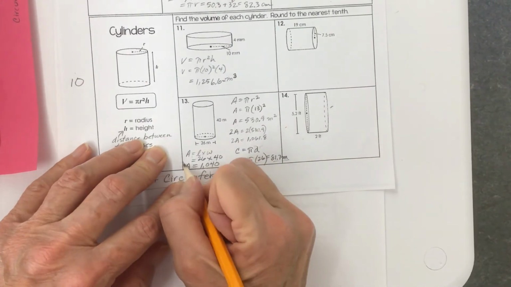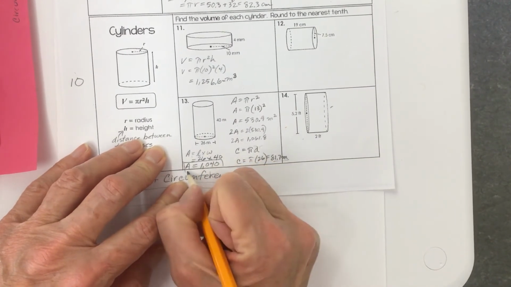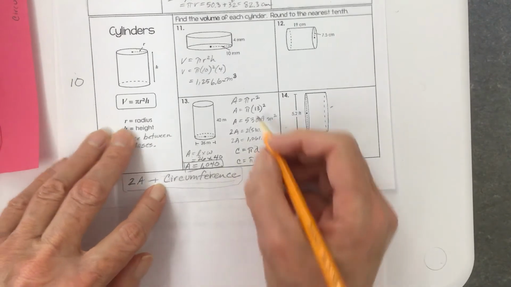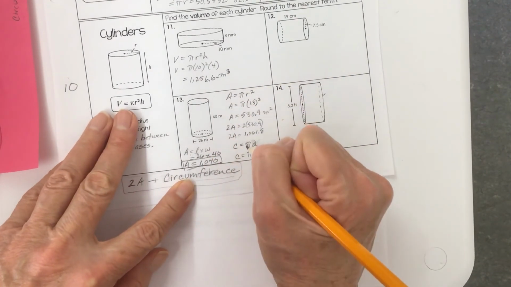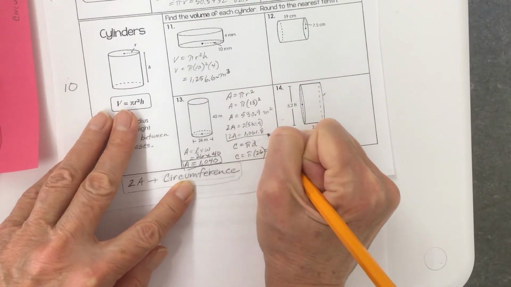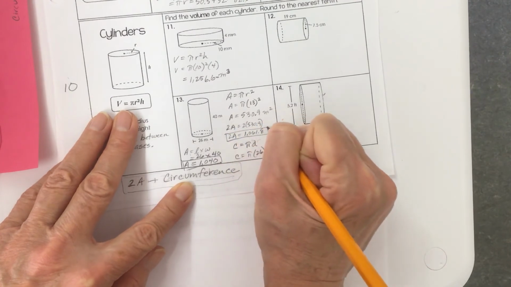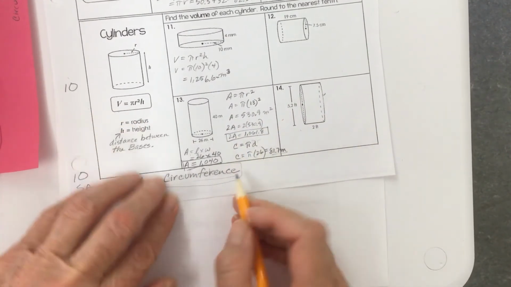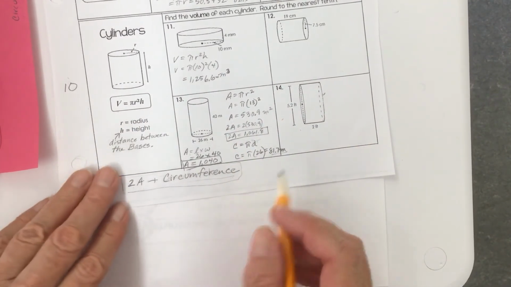Okay, now we've got the area of that rectangle, and we've got the area of the two bases. All we have to do is add those two up.